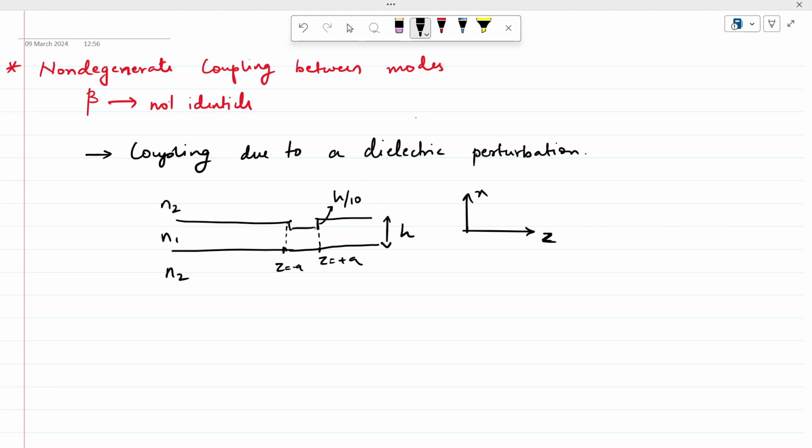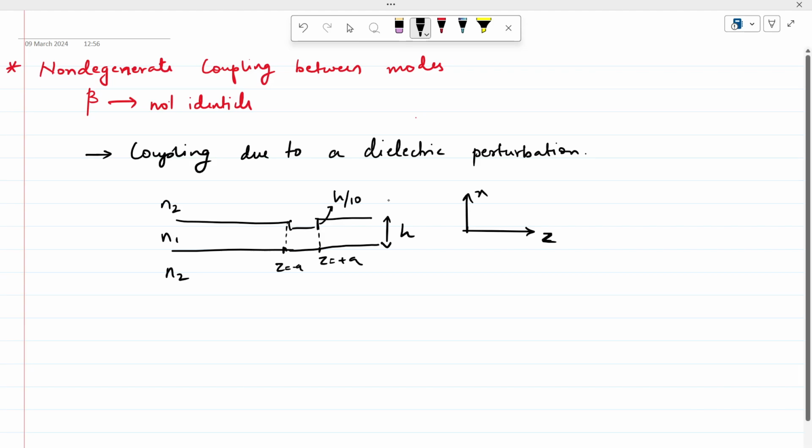That is how the geometry has been altered. Now we have to find the new mode solutions: at z equal to plus a, what will be the amplitude of the backscattered mode propagating in the backward direction and the amplitude of the mode propagating straight ahead.